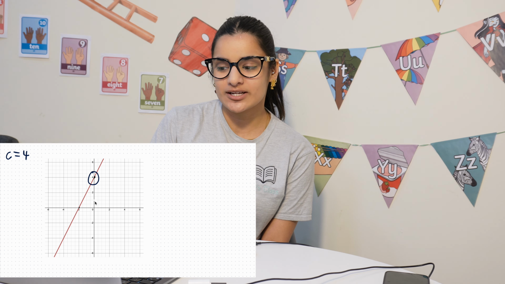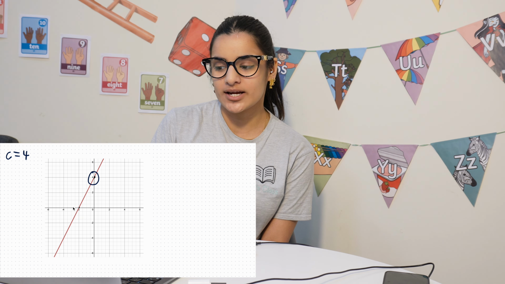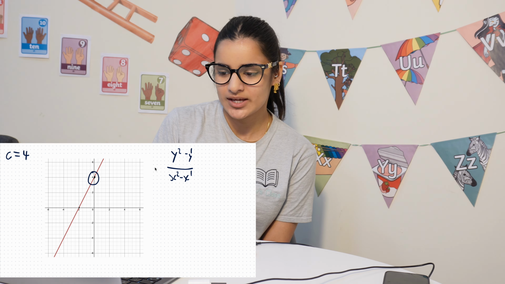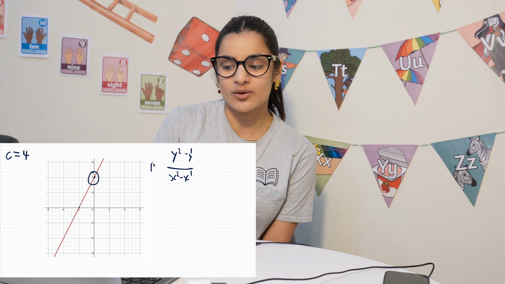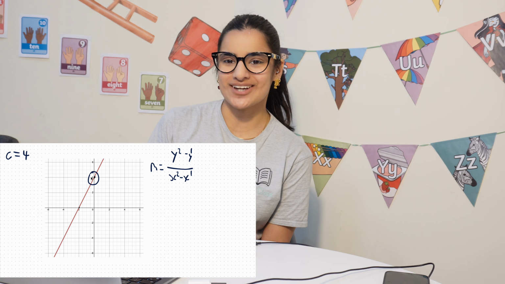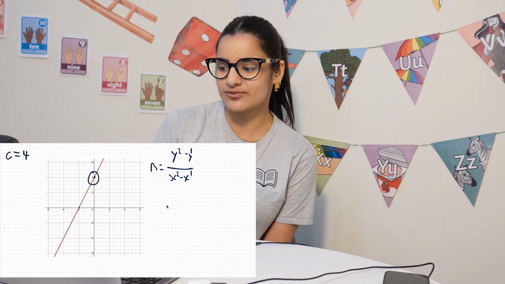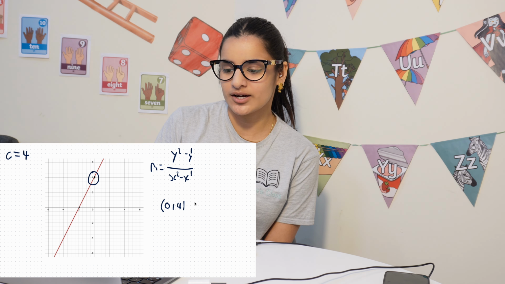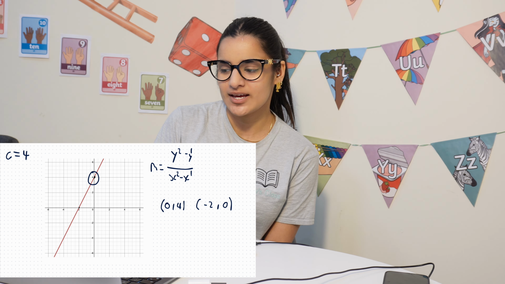I'm now going to look for my gradient. Now I know that my gradient formula is m equals y2 minus y1 over x2 minus x1. And to find this, I'm going to pick 2 points along my straight line. I'm going to go ahead and pick my y-intercept coordinates, which are (0, 4). And then I'm going to pick these coordinates here, which are (-2, 0). I'm going to label them.